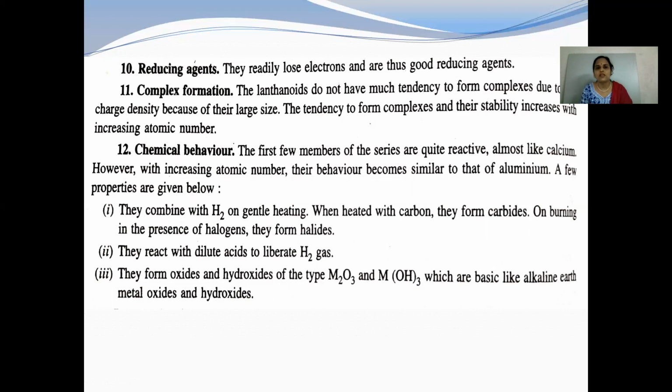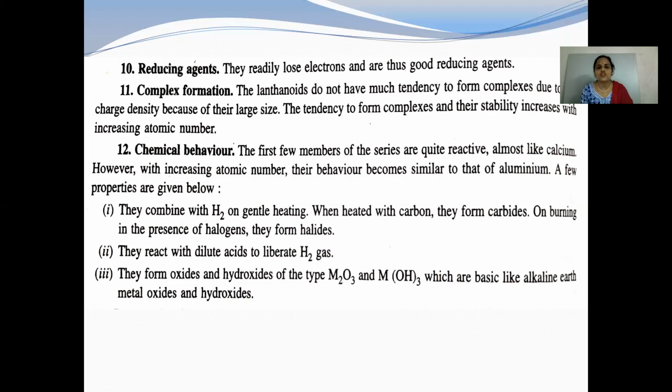Chemical behavior. The first few members of the series are quite reactive, almost like calcium. However, with increasing atomic number, their behavior becomes similar to that of aluminium. A few properties are given below. They combine with hydrogen on gentle heating. When heated with carbon, they form carbides.